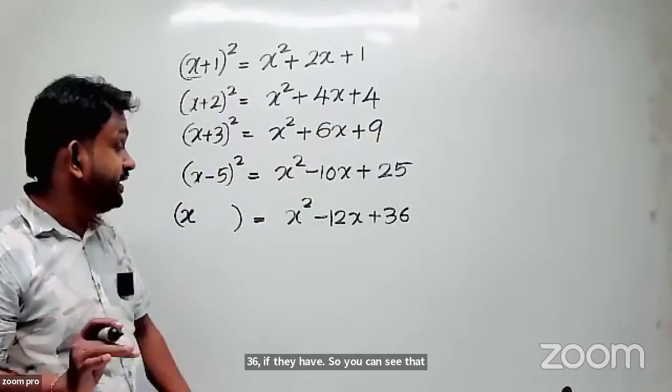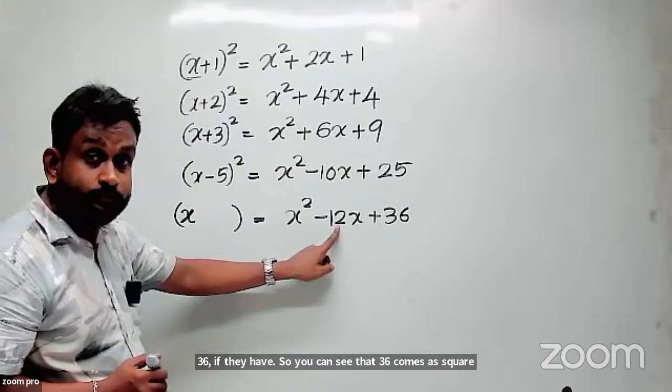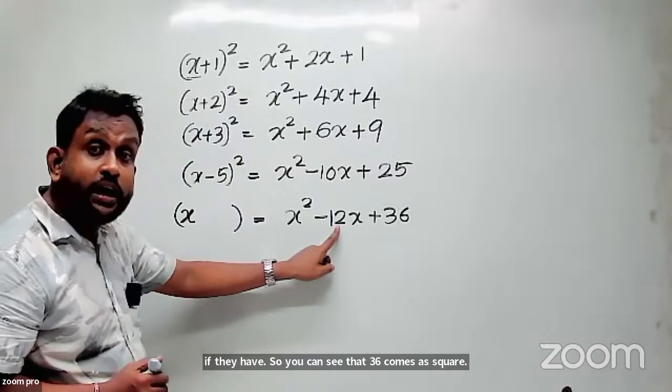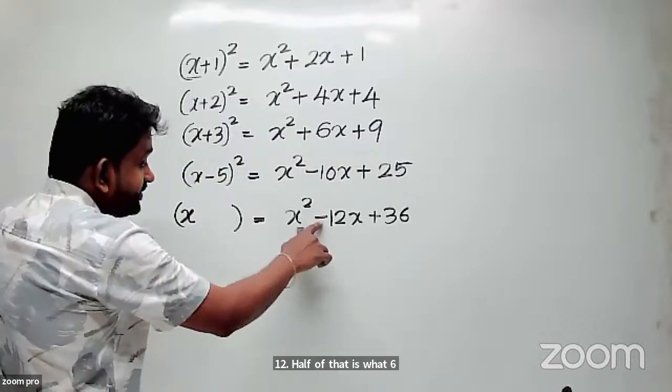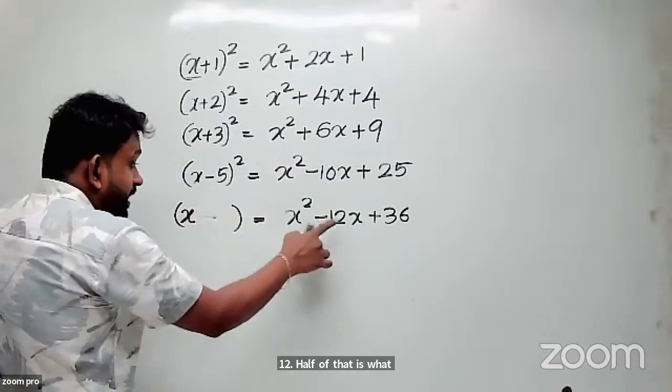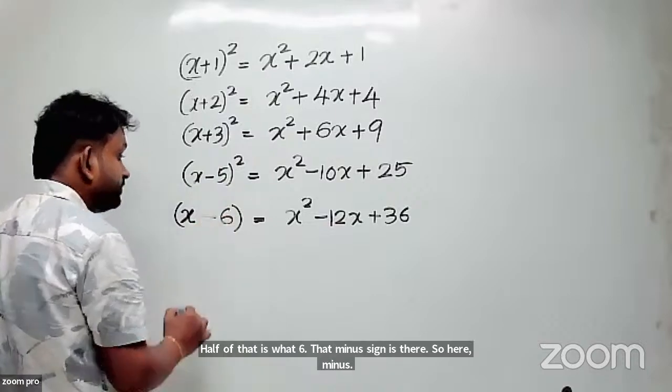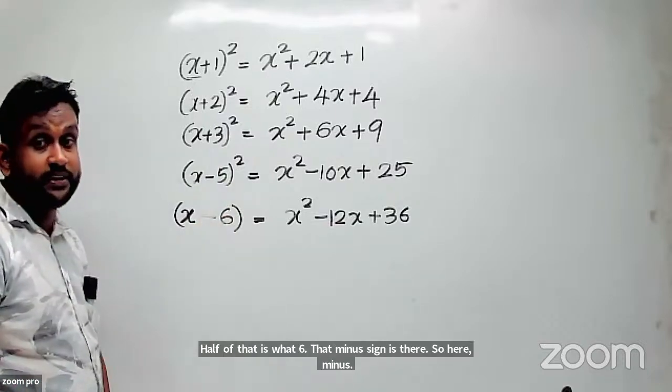That is one method. Looking at 12, half of that is 6, and with the minus sign, it is minus half of the x coefficient, 6, to become a perfect square.